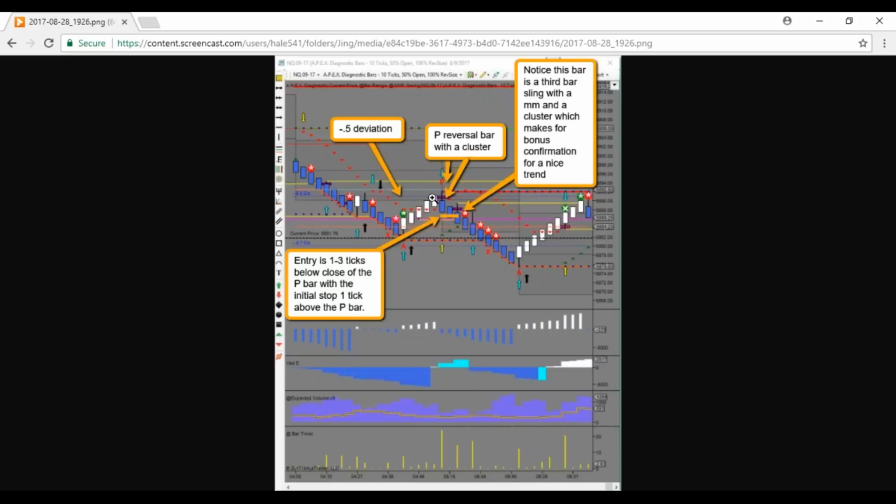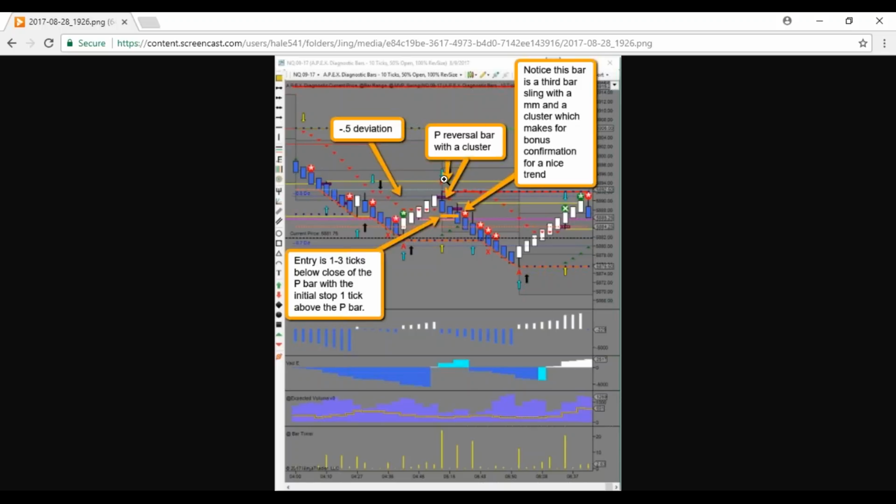So look for these power Ps on your P3 setups or iffy P3 setups. Because what do we have here? We're at the half deviation level. We've got a P reversal bar with a cluster. And when that bar closes, we enter 1 to 3 ticks below it, and we take it down.